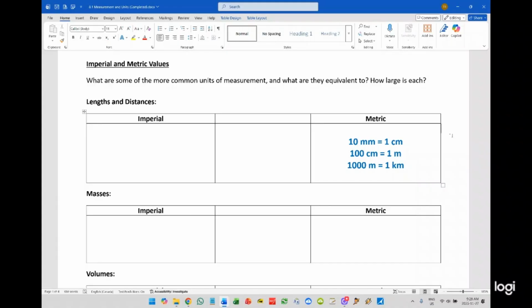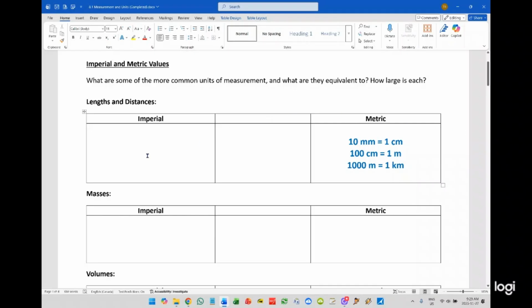There are things bigger than kilometers. We tend not to use them unless we're talking about things in space. Pretty much everything on Earth is measured in thousands of kilometers at most, because the circumference of the Earth is in the ballpark of several thousand kilometers. We could get into higher things like astronomical units and parsecs and light years, but unless you're an astronomy person, you're probably not going to use those things.